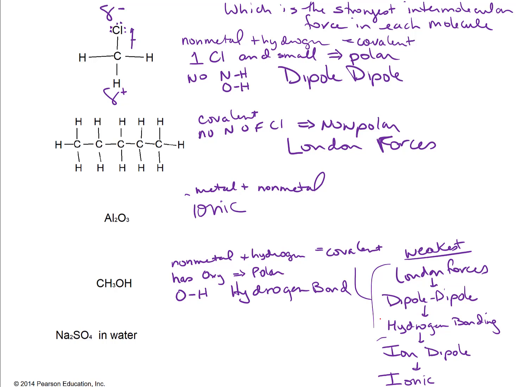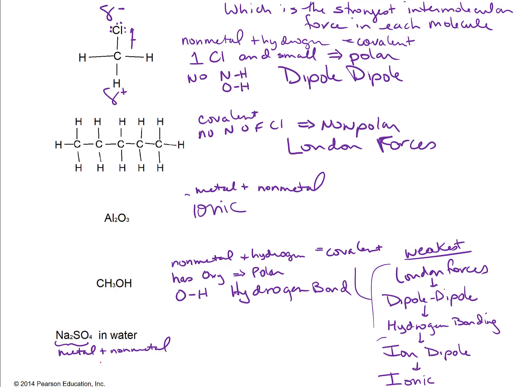Na2SO4 in water. What is Na2SO4? It's sodium SO4, sodium sulfate. Sodium is a metal. Sulfate is a nonmetal, so that is what kind of compound?